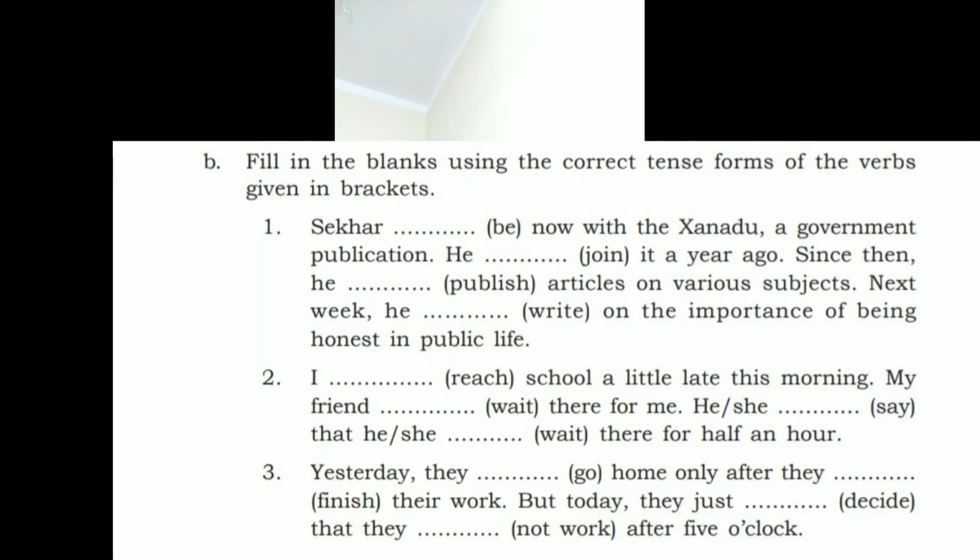Now you all know present verb. So here present form of the auxiliaries, am, is or are. Then am is not suitable because the subject is Shager. Then is suitable. So we take is. Right, so Shager is now with the Xanadu, a government publication.